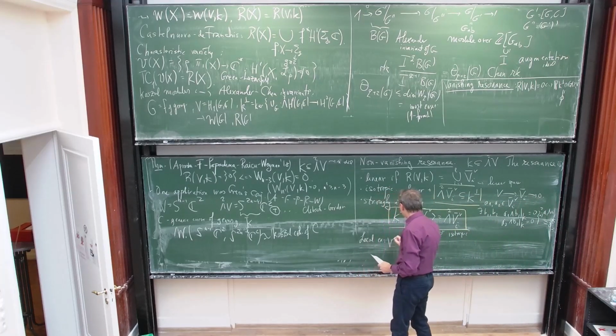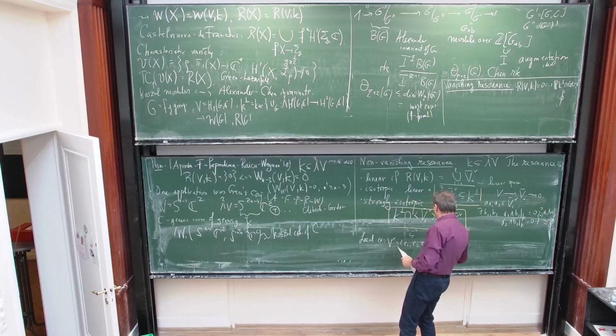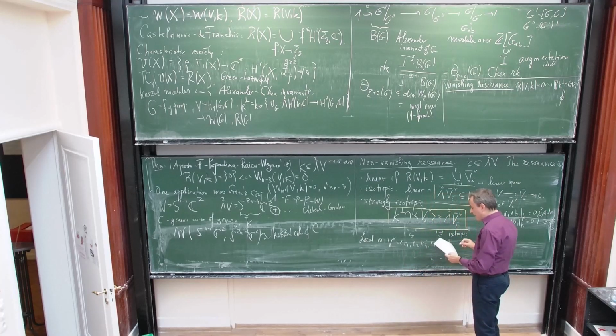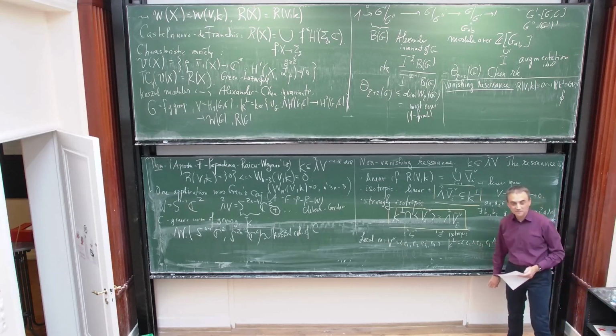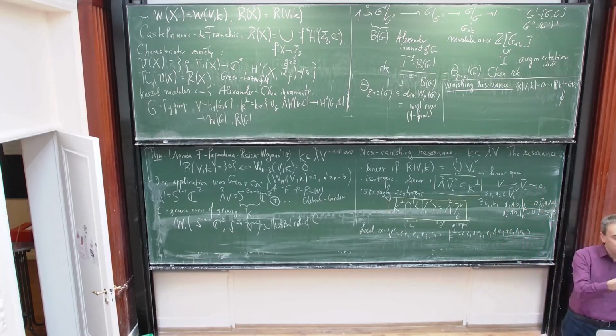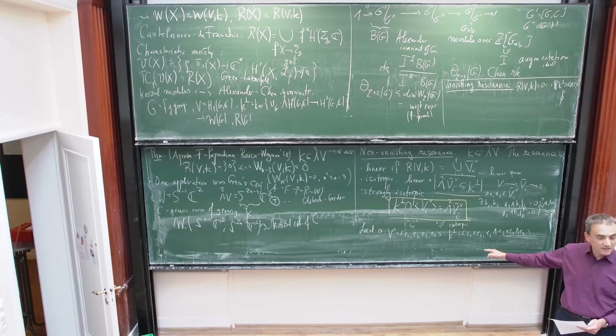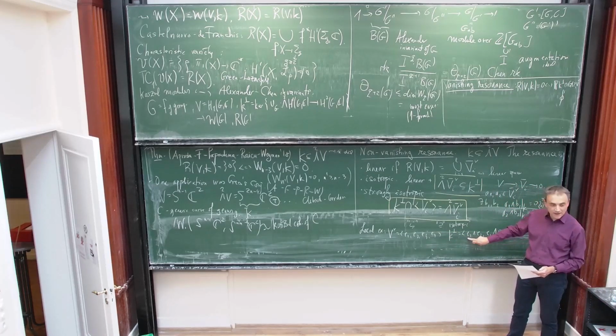So assume that V perp is 4-dimensional and it has a basis E1, E2, E3, E4, and I take K perp to be generated by E1 wedge E2 and E1 wedge E3 plus E2 wedge E4. So what is the resonance in this case? The resonance means those elements such that if I wedge with one element I land in K perp. So the resonance is spanned by E1 and E2, because E1 wedge E2 is in K perp, and that's it.